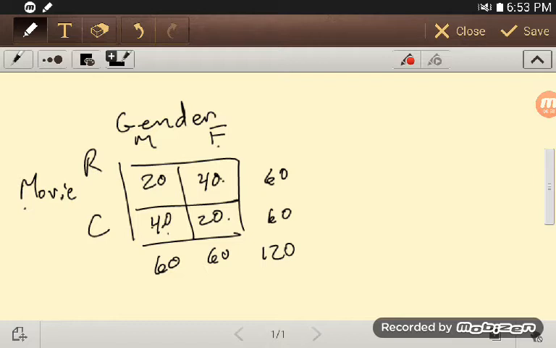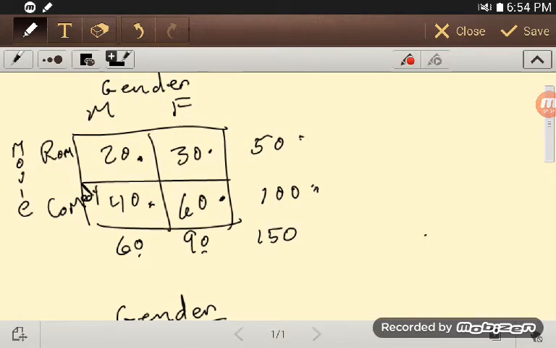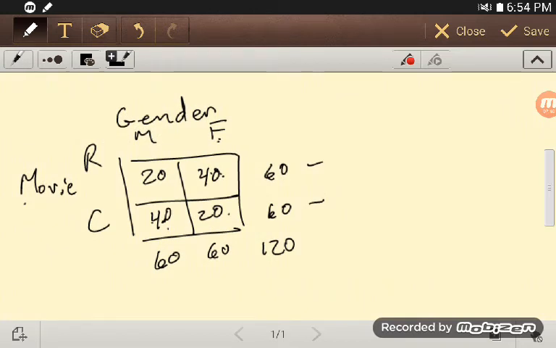Overall, if I don't know the person's gender, I could look here and say it's about 50-50, actually 60-60, same chance as either. But then if you tell me the person's gender, I'm going to have a better chance of guessing right if I guess comedy if you told me the person was male, or romantic if you told me the person was female. And so all of a sudden, gender matters in terms of movie choice. Back here, gender didn't matter. But here, if these were my data, gender does matter.